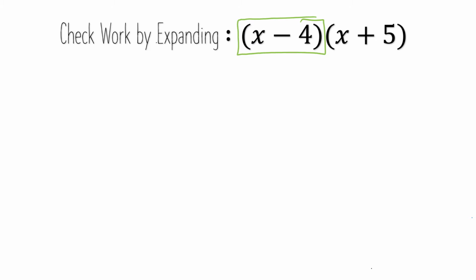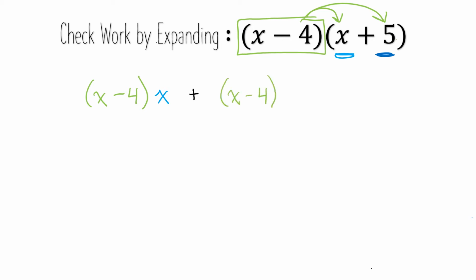So we will distribute our first factor, the quantity of x minus 4, to each term in our next factor. So we have the quantity of x minus 4 times x plus the quantity of x minus 4 times 5. Then we'll distribute the x to each term in the x minus 4, and the 5 to each term in the x minus 4.